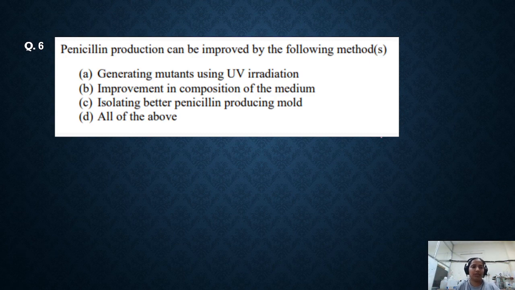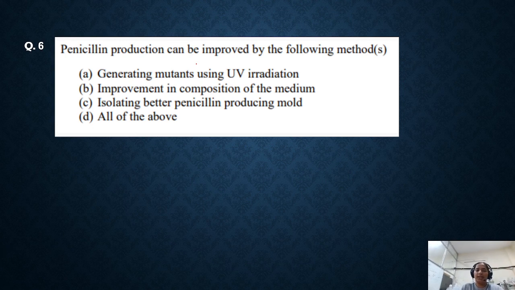Okay, next question is: penicillin production can be improved by the following method or methods. Saptika, yeah, correct. But let's read the options first. First one is generating mutants using UV irradiation. Second one is improvement in composition of the medium. Correct. Then the third option is isolating a better penicillin producing mold. And D is all of the above.